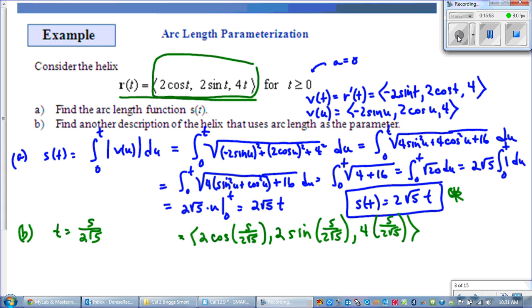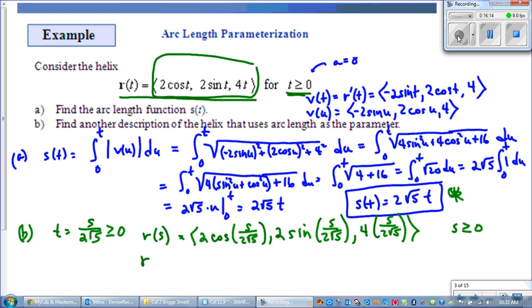And now if this description was good for t greater than or equal to 0, that's equivalent to s being greater than or equal to 0. And now our new parameter, our new variable in this description is actually s. So this will be r of s.